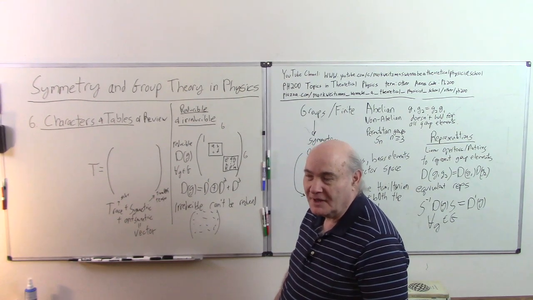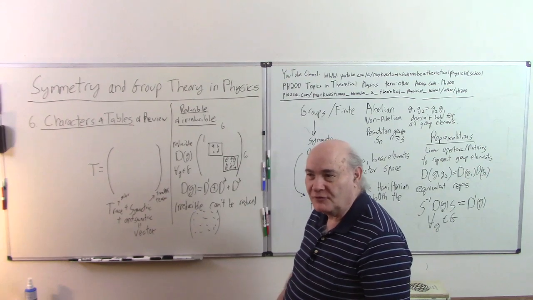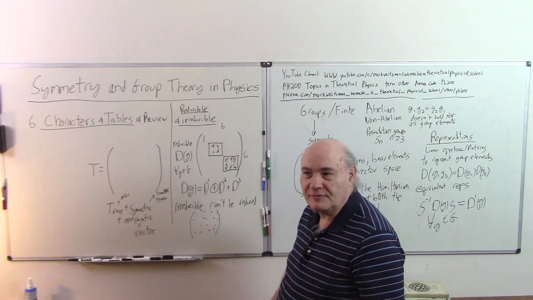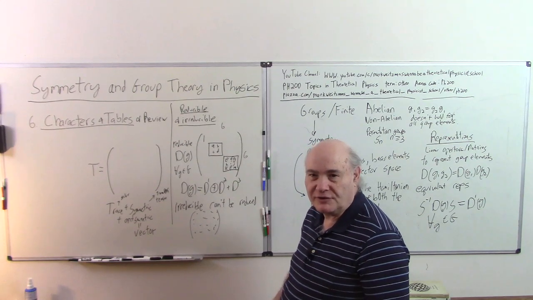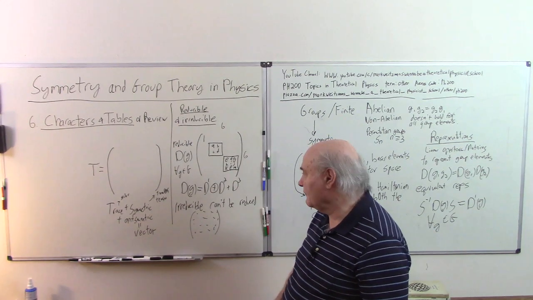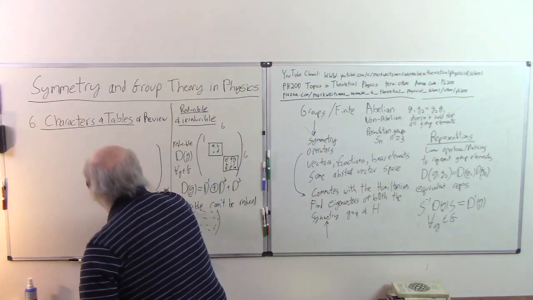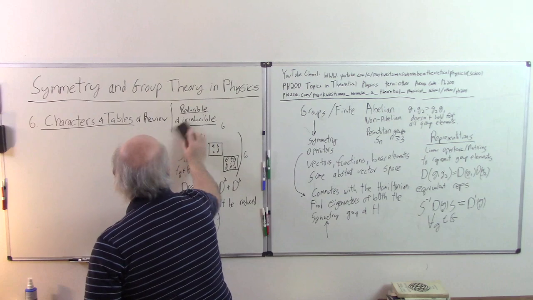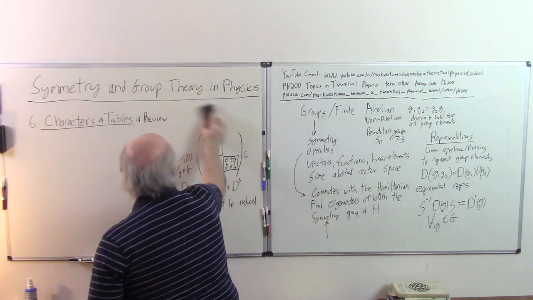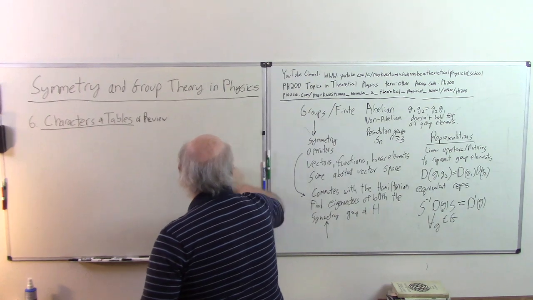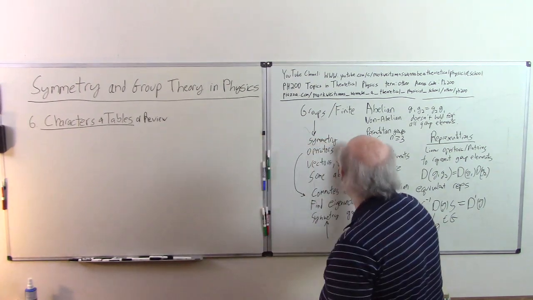There's a certain example which almost all books give, which is the symmetries of an equilateral triangle, which works out to be the permutation group S3. So I'm going to go through that right now. We've worked this out already, but I just want to summarize it, and then introduce characters and character tables.